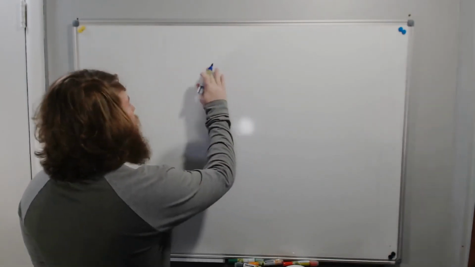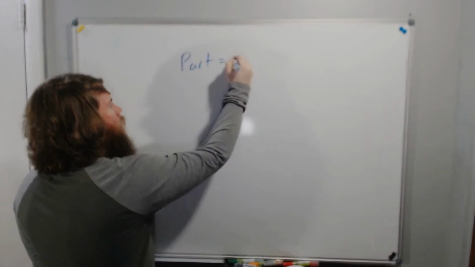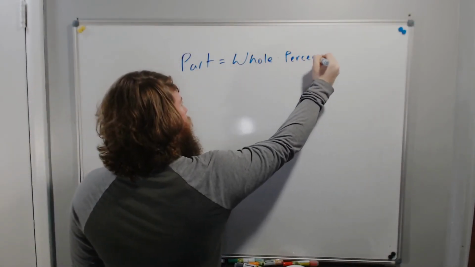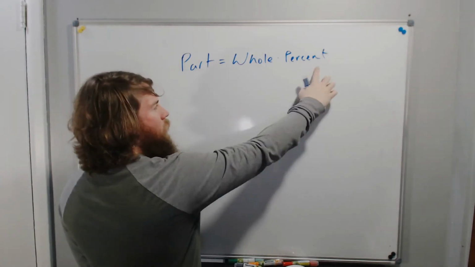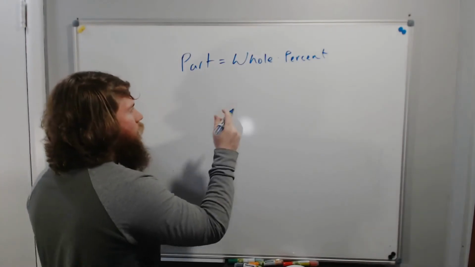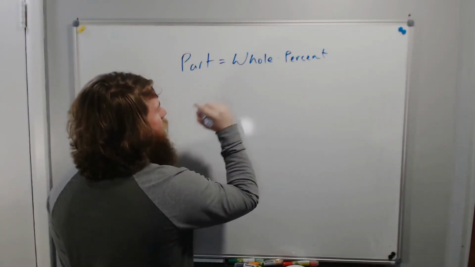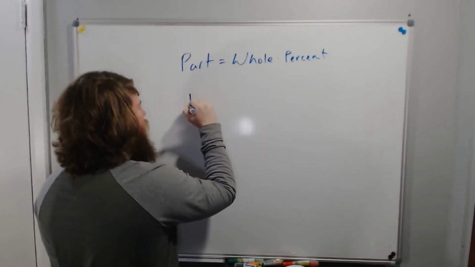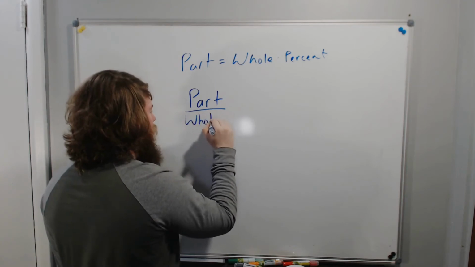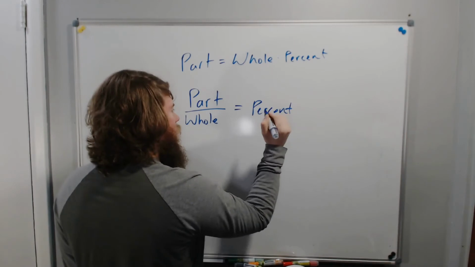So remember that we had this formula, that the part equals the whole times the percent. We're actually trying to find the percent in this problem. So if we solve this equation for percent, we have to divide both sides by the whole, and we end up with the part divided by the whole is equal to the percent. And we've seen this before, so this shouldn't be new.